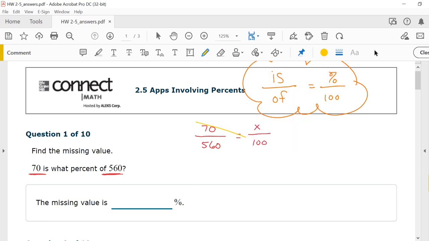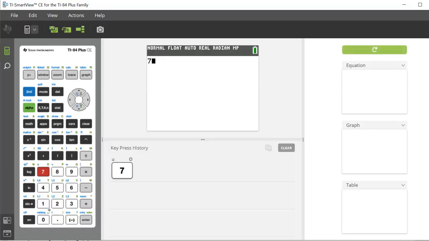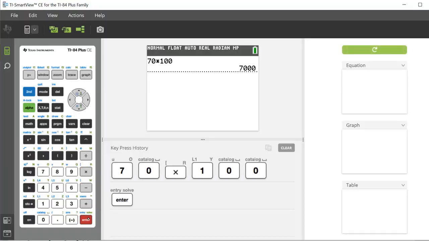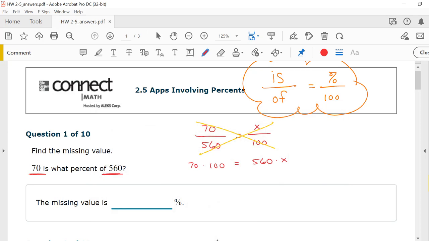You're going to do 70 times 100 equals 560 times x. 70 times 100 is 7,000, equals 560x.